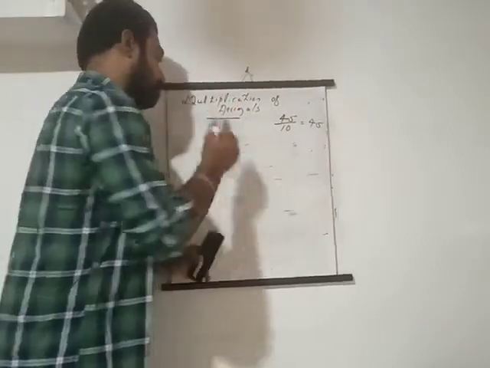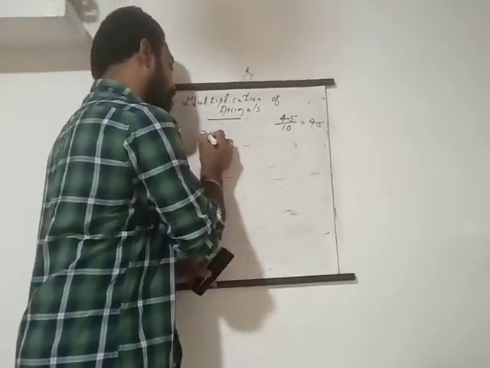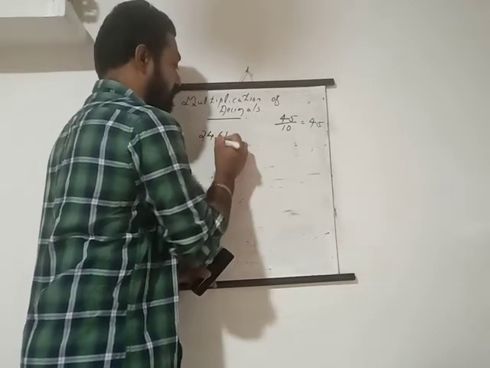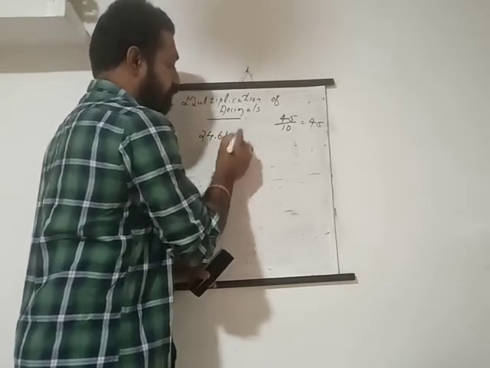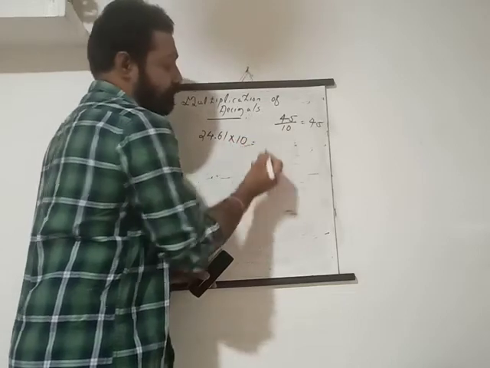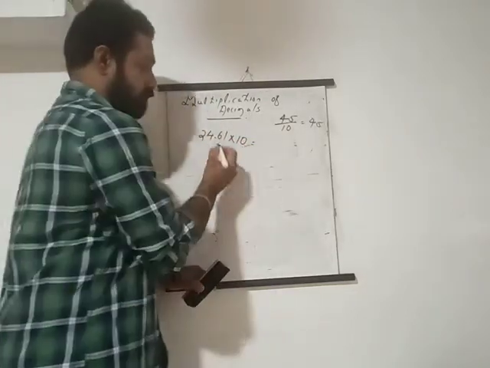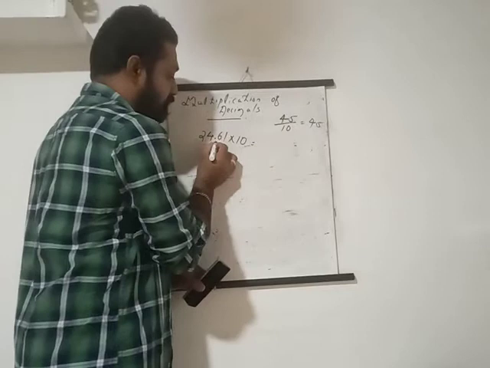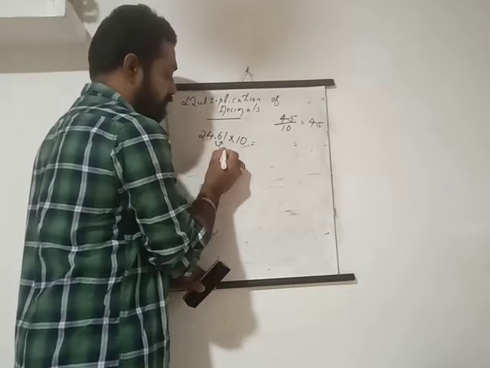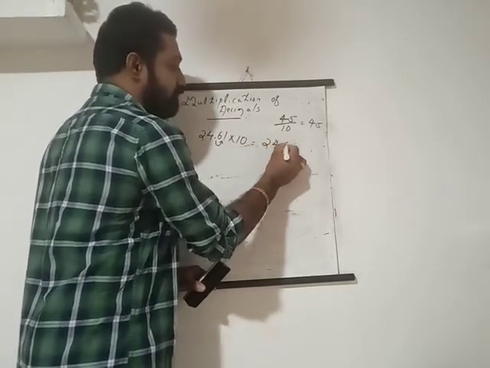One more example. 24.61 into 10. When you multiply, the point goes 1 place to the right, so we get 246.1.